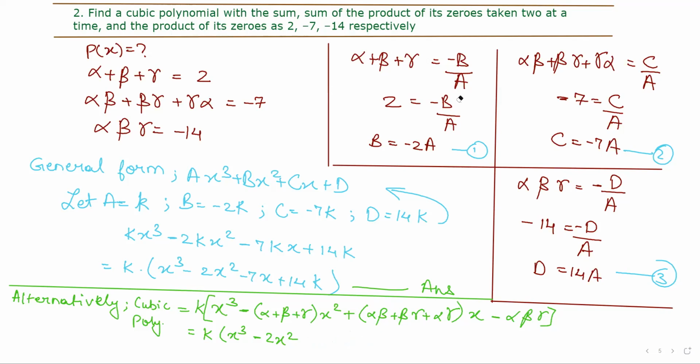You can write minus 7x, minus alpha, beta, gamma is minus 14. So minus minus becomes plus 14. So by observing, you get the same result. In both the scenarios, you get the same result by using a simple formula and placing the values, or by using 3 distinct formulas or relationships between zeros and coefficients and then coming up with the same result.